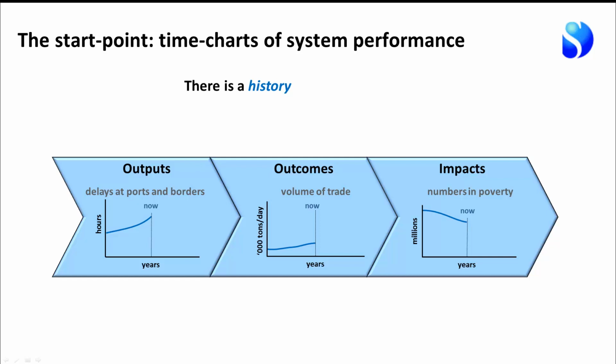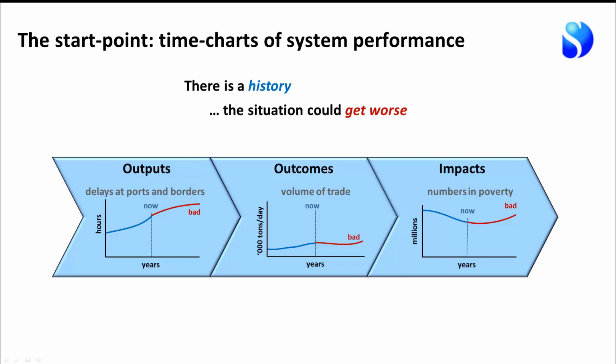So for outputs, outcomes, and impacts, there is a history. The situation could get worse. Those delays could continue getting longer. We could continue to have a slow progress in development of the volume of trade, and we could actually see no further progress in reducing poverty, or it could even get worse for various other reasons.